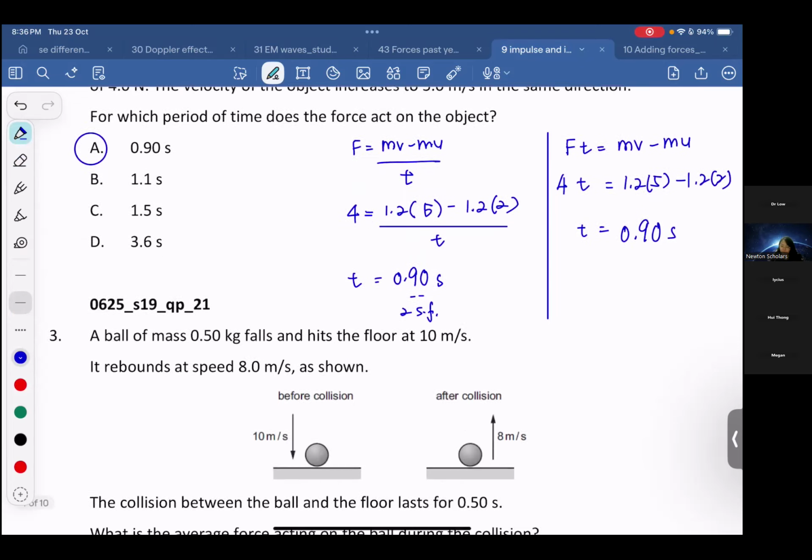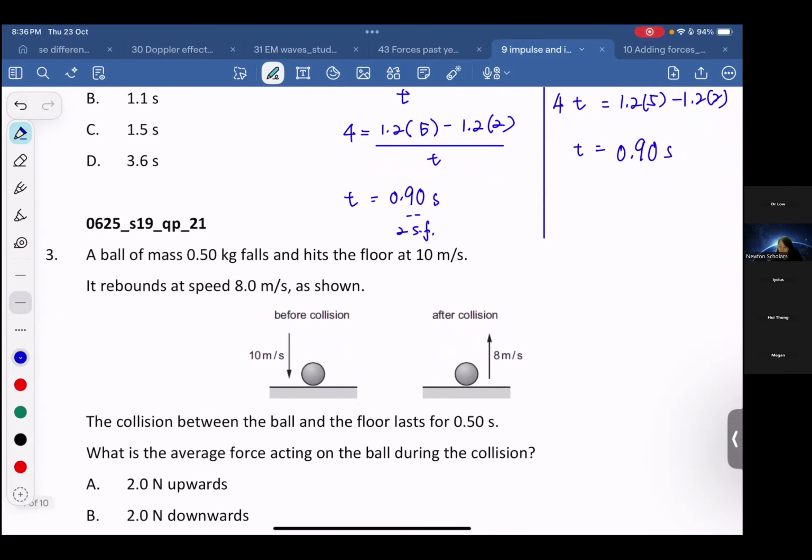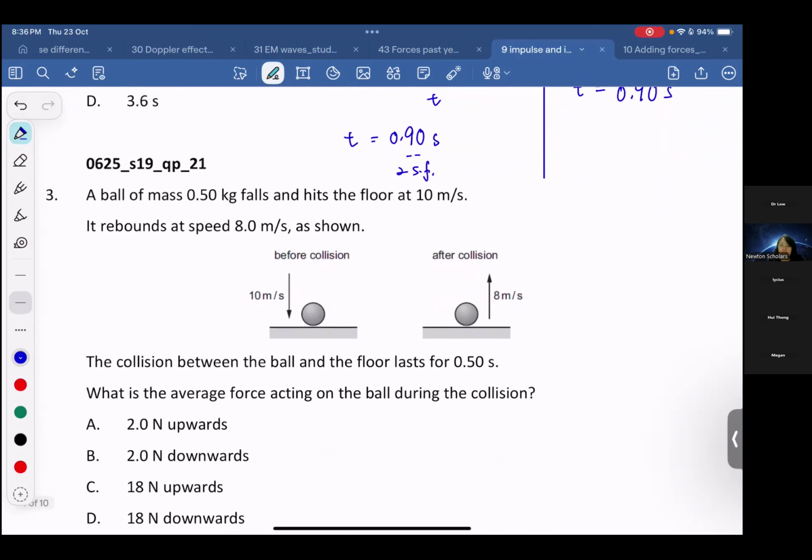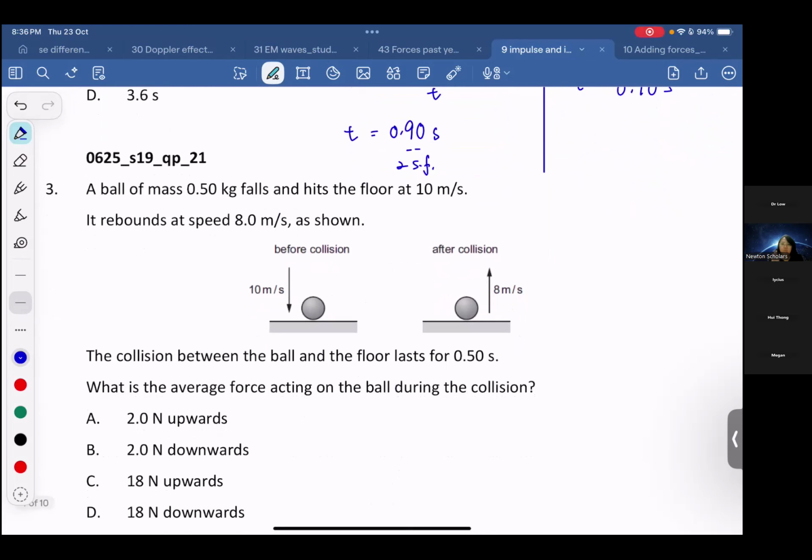Okay. Try question number 3. Here, the hint that I want to remind you is force is a vector quantity, so direction has to be considered. Cannot ignore the direction. So when they're going down and going up, basically one of the velocities, you have to make some changes.